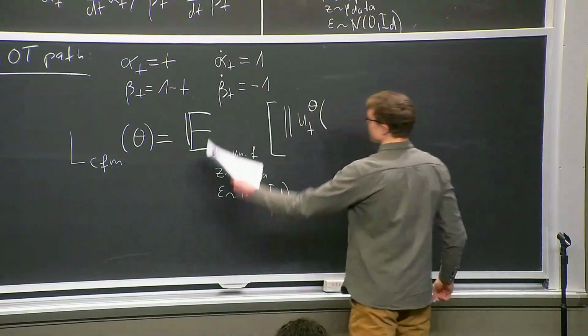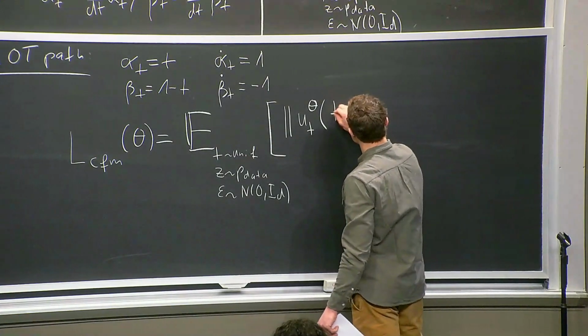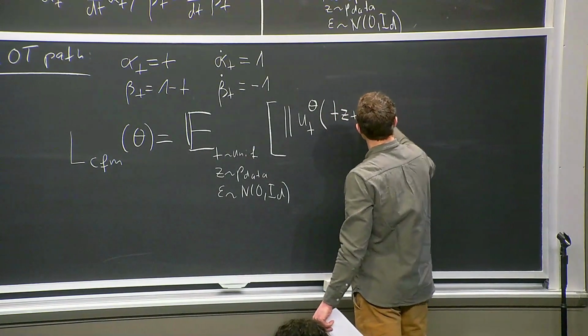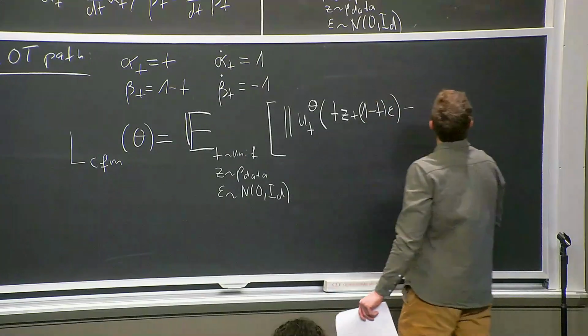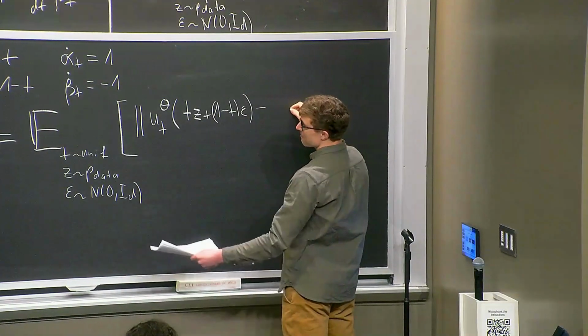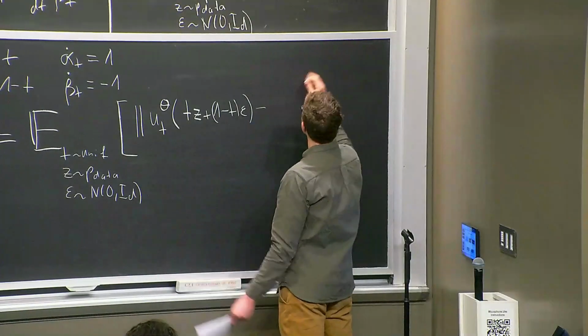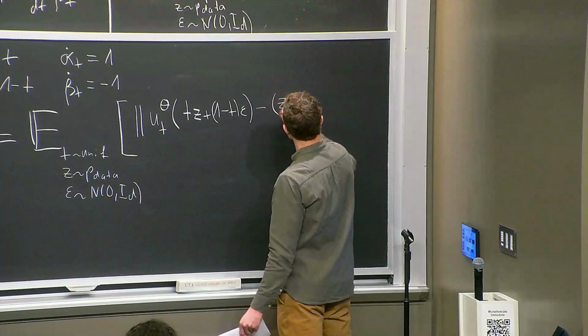All I'm doing is plugging the choice of alpha t and beta t in here, which means it's t times z plus 1 minus t times epsilon, minus 1 times z, like plus minus 1 times epsilon, which is just z minus epsilon.